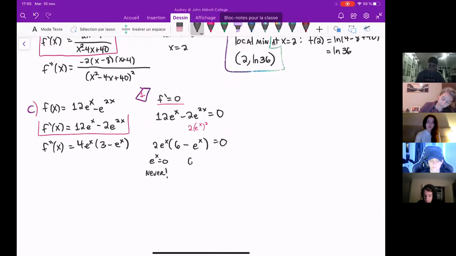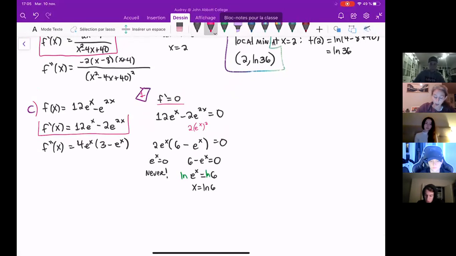And then over here I have 6 minus e to the x equals 0, which gives me e to the x equals 6, which, based on how we solved before, what's that going to give me? Ln 6. Good job, guys. So I'm taking ln of both sides, so I get that x is equal to ln 6.